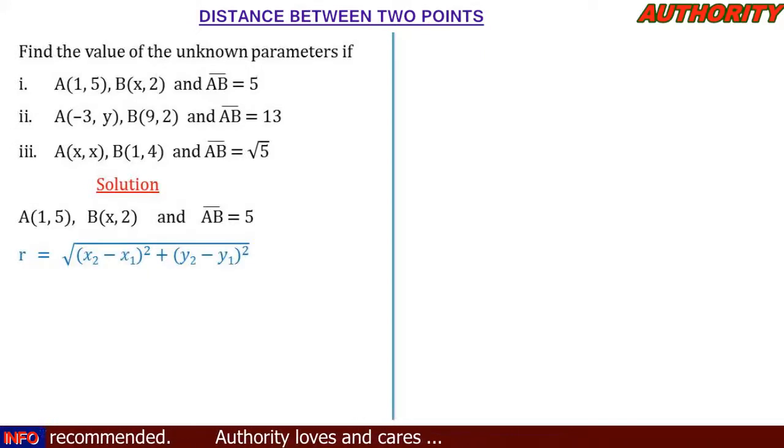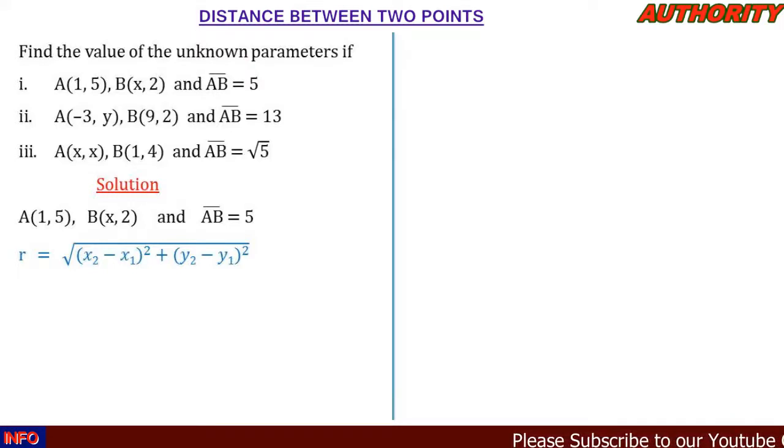Is that true? Yes. And you know that we already have our r to be 5, okay? Then we have 5 is equal to, so we consider the point A to be (x1, y1), and then the point B to be (x2, y2).